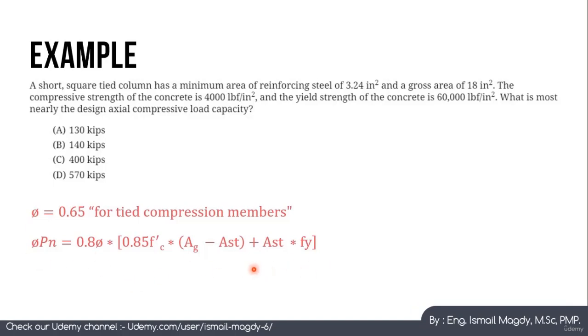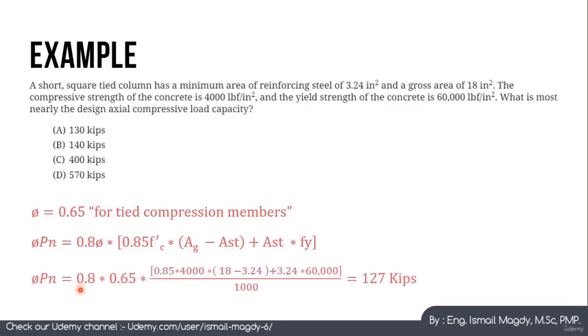We have all of this data now, so phi Pn equals 0.8 multiplied by 0.65 multiplied by 0.85 multiplied by 4000 multiplied by 18 minus 3.24, which is the area gross minus area steel, plus 3.24 multiplied by 60,000.